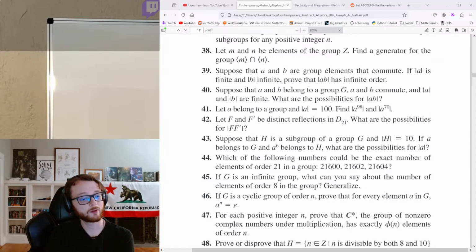It does have to be bigger than a squared. Yeah, I can see that. a squared is greater than or equal to a plus 1. Okay, yeah, fair.